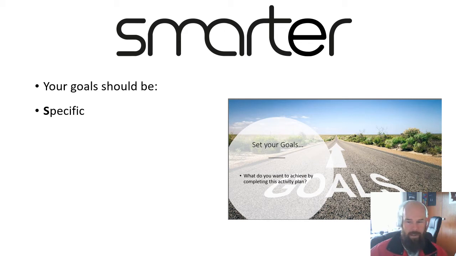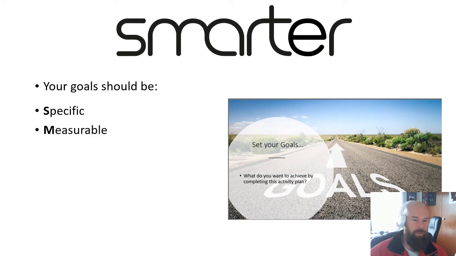Don't set vague goals that don't make any sense, like "I want to improve my fitness." Yeah, it's good that you want to improve your fitness, but it needs to be specific. I want to improve my fitness levels from this to this.